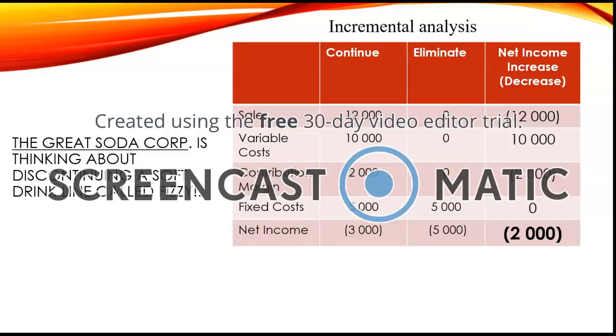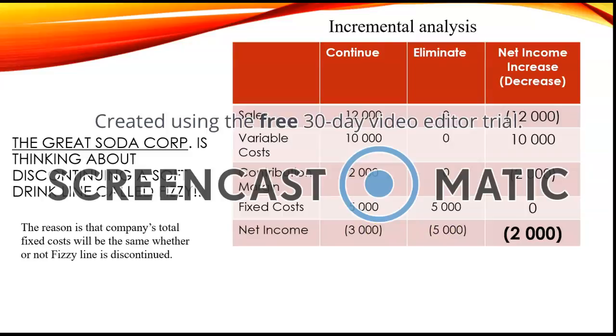Let's look at what will happen if we decide to eliminate the product. Sales and variable costs will be zero. Fixed costs are unavoidable, which means the total fixed cost will be the same whether or not the Fizzy soft drink line is discontinued.